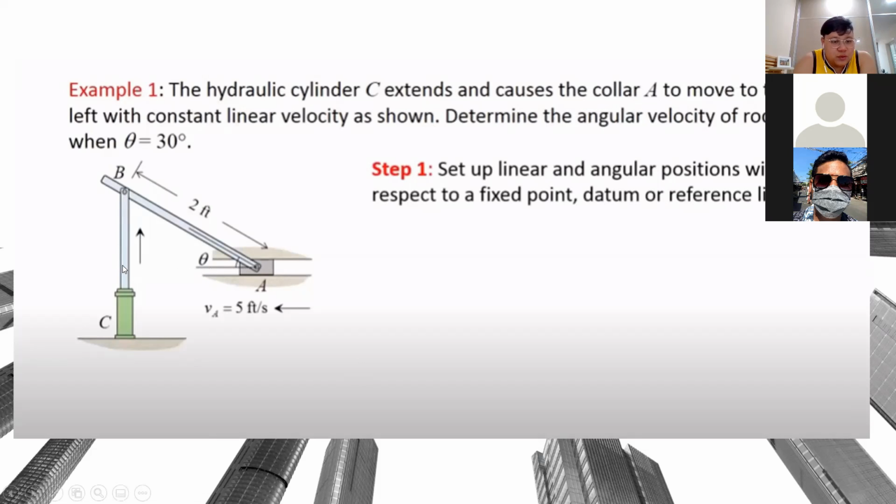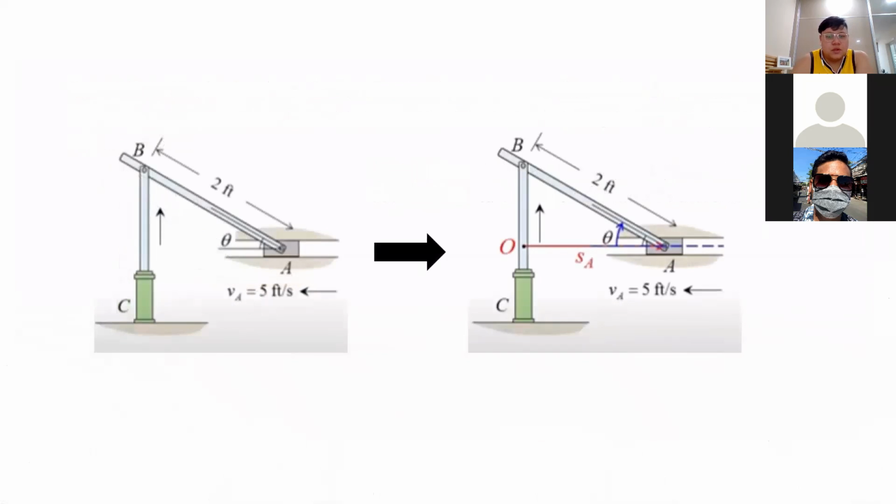So we set a datum line over here in order to find SA. Okay, just like this. Okay, so we know that VA is given 5 feet per second pointing to the left. So if it's pointing to the right, it will be negative.